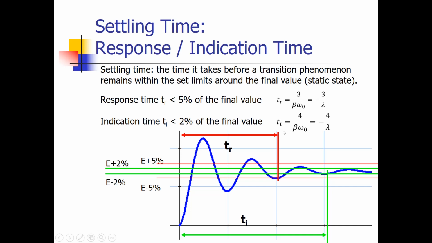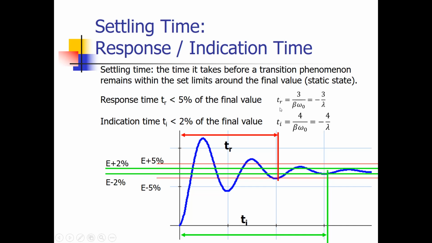Well, when you know the expression from the exponential harmonic signal, you can calculate the response time, so the 5% settling time, by dividing minus 3 over lambda, which is the real part of your pole, which is equal to beta times omega 0. So again, when you know the pole location, then you can calculate the response time, the 5% settling time.